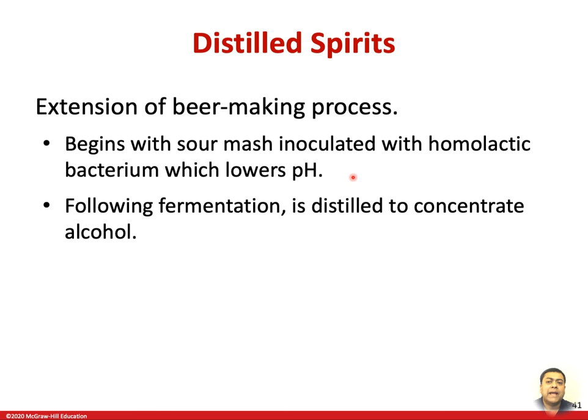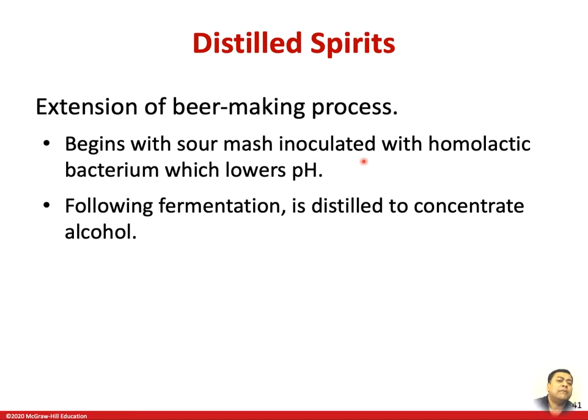The sour mash is the liquid fermented grain from a previous batch, inoculated by Lactobacillus delbrueckii subspecies bulgaricus, which lowers the pH to about 3.8 in about 10 hours. This inhibits development of undesirable microbes, and then it is boiled and the volatile components are condensed for higher alcohol content than beer.